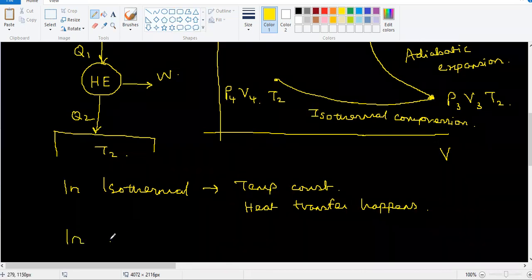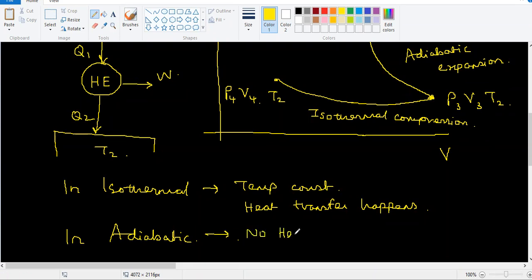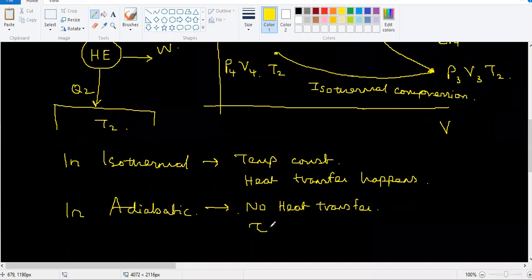In adiabatic, adiabatic means heat transfer does not happen. So no heat transfer. Since there is no heat transfer, the temperature will change. When you compress it, there is no way the extra heat can go out, which means the temperature will increase.